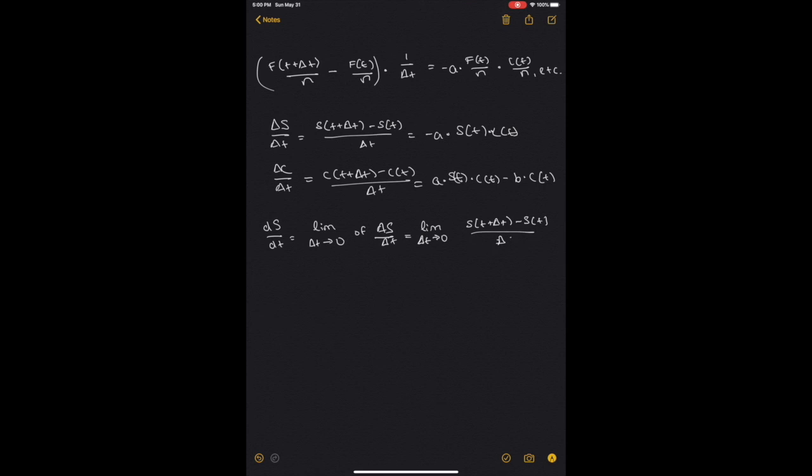And we can also say that dc over dt is equivalent to the limit as delta t approaches 0 of delta c over delta t, which is equivalent to the limit as delta t approaches 0 of c of t plus delta t minus c of t over delta t, for which we have already written the equations above.